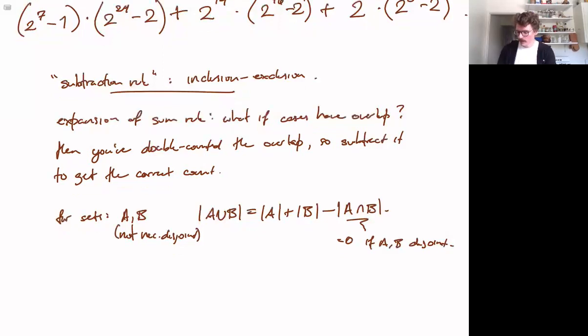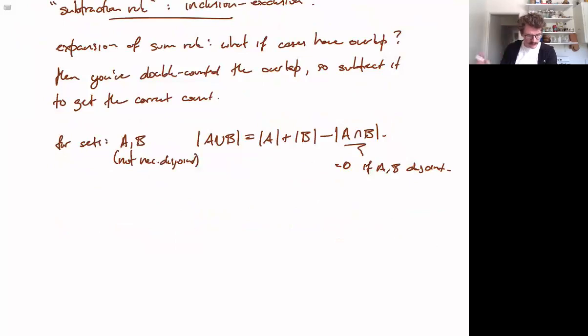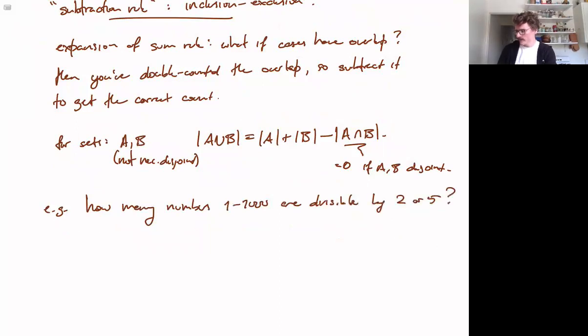So let's see an example of this. How many numbers from 1 to 1,000 are divisible by 2 or 5?